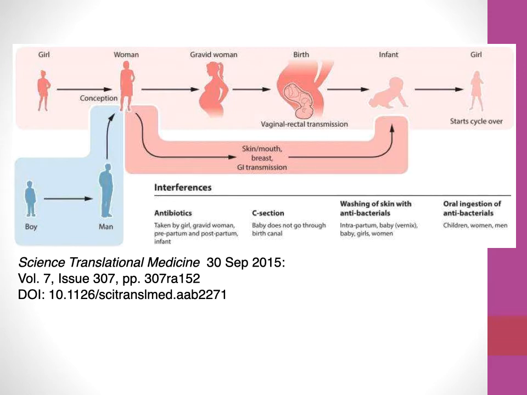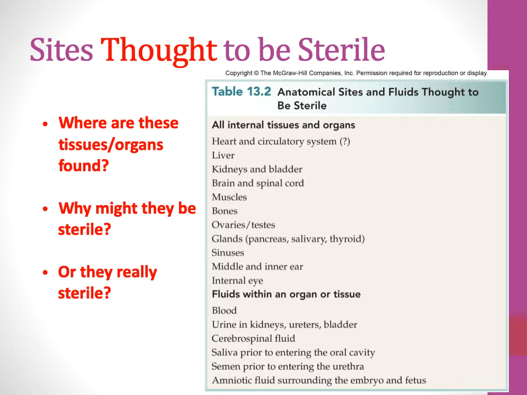Now in your textbook, there's a table that has sites and fluids thought to be sterile, and I would emphasize thought. So I have to check the newer edition because I'm sure it will be changed. So there's definitely microbes that are found in these tissues and organs that are listed here that are actually beneficial. So they're not sterile. For one, there's living tissues there.